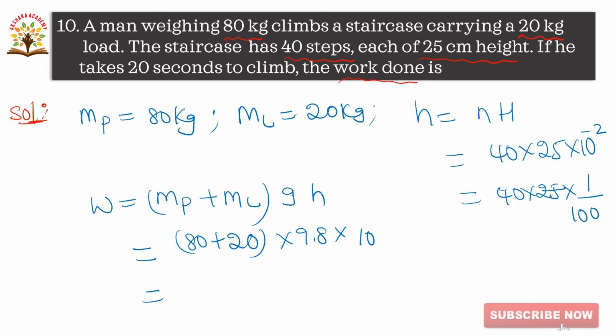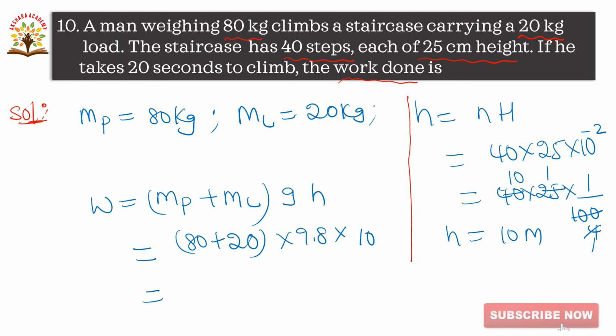So 25 4s are 100, so H is equal to 10 meters. Now substituting this H value, 10 meters.